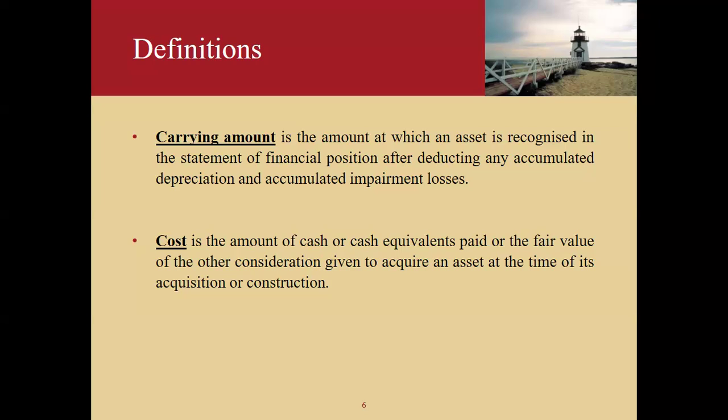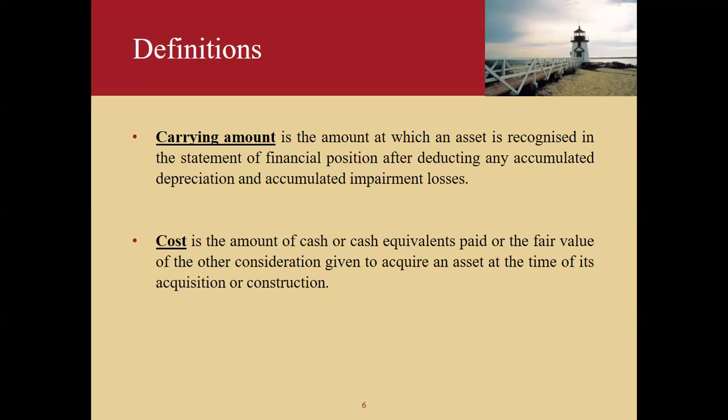Then two, cost is the amount of cash or cash equivalents paid or the fair value of the other consideration given to acquire an asset at the time of its acquisition or construction. So simply, cost is, as you hear it, I go into maybe a factory to purchase a machine, whatever I pay for that machine is the cost.